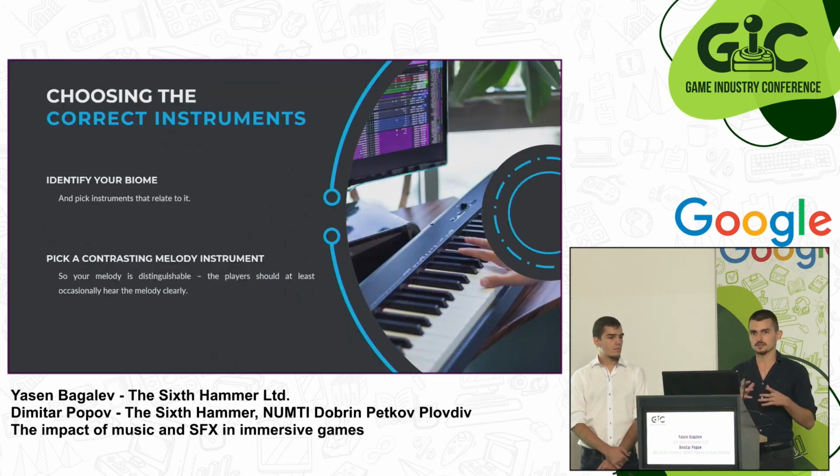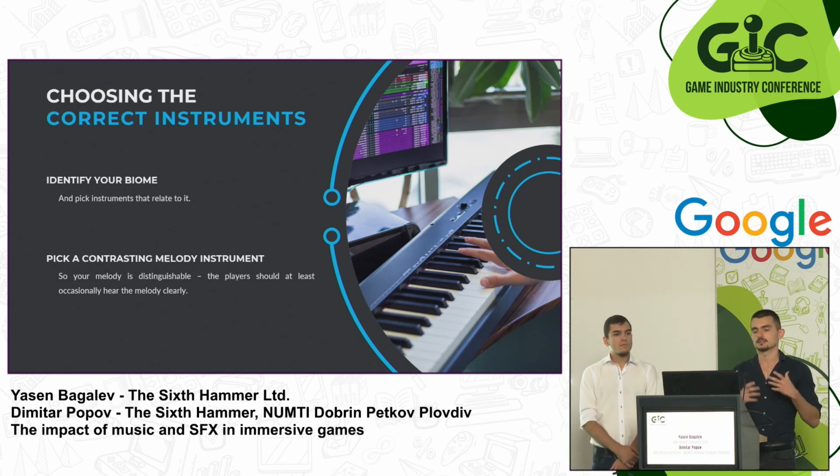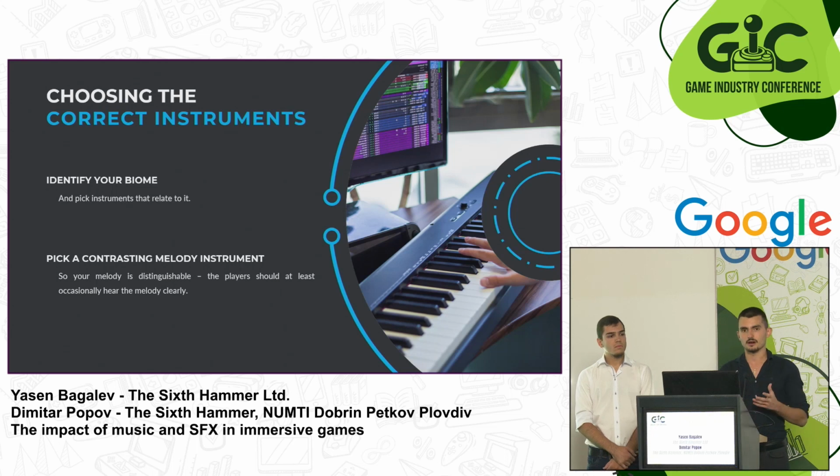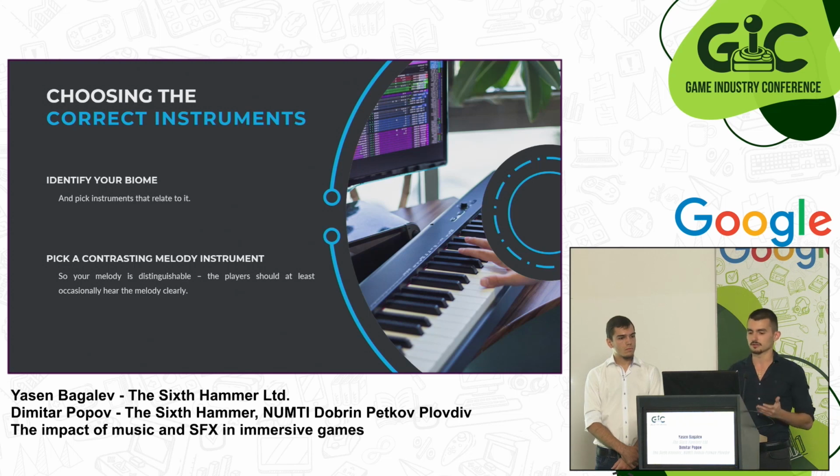So how do you choose instruments when you're composing a particular track? Well, you should identify the biome where this track plays out. For example, if you make a track for a rocky terrain, you can choose instruments that play more distinctive notes, like pianos or marimbas. That way they will imitate the roughness of the terrain and will connect with it.